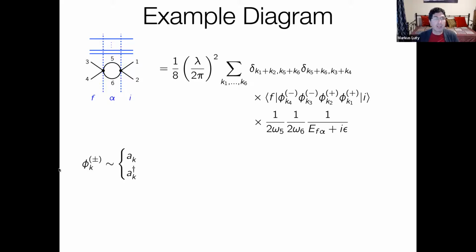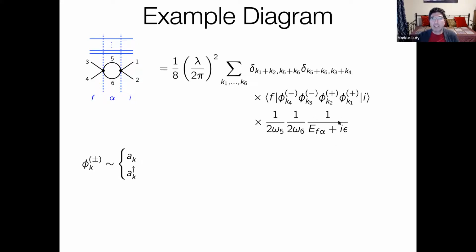And those are just creation and annihilation operators. So this is a matrix element in terms of creation and annihilation operators that I need to evaluate. And then I just have a propagator factor of 1/2 omega for each internal line. So I have those, okay?